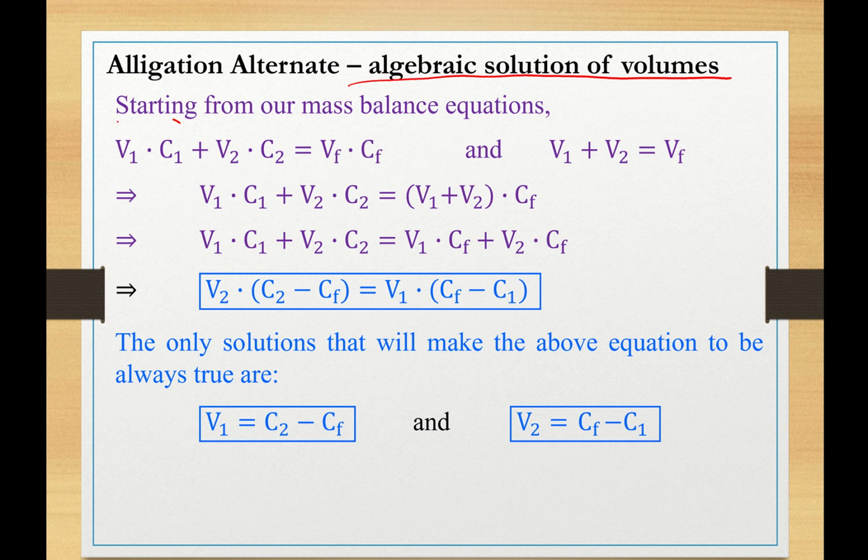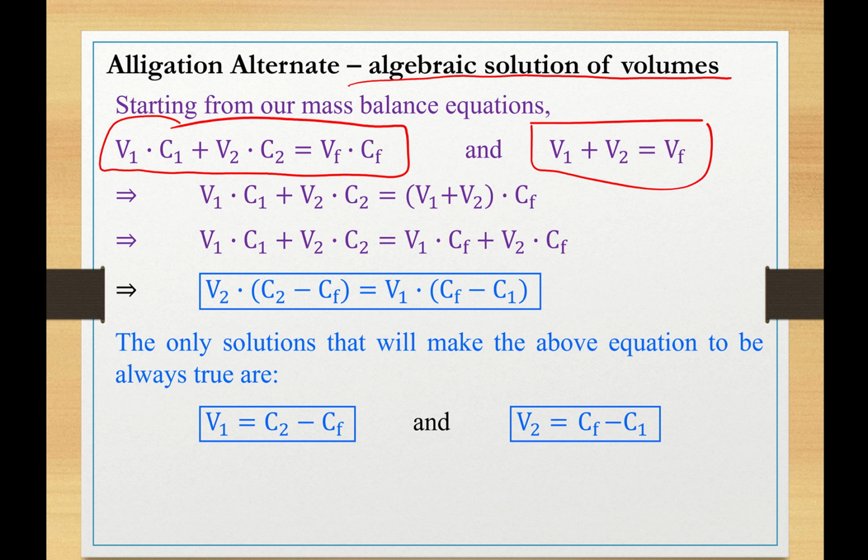So starting from our mass balance equation, these are the two mass balance equations we have. Substitute VF for V1 and V2. So this is what we have there. Carry out the algebra. Now here you separate the variables.